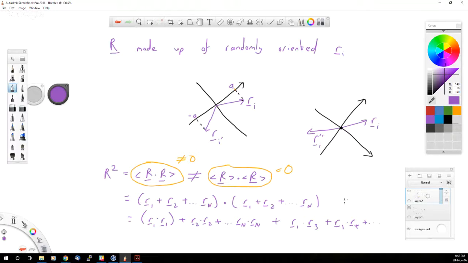Because of the random orientation, all these terms here cancel. And so we're just left with n terms of this form, where it's the subvector dotted with itself, and they are all of length r squared.